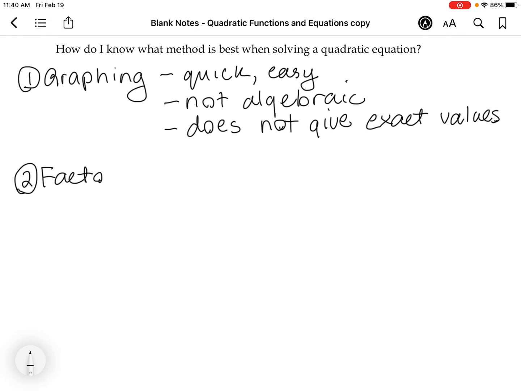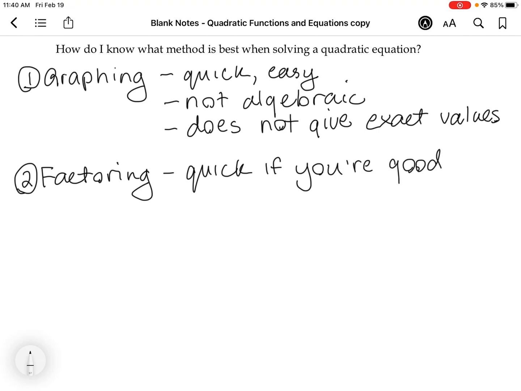Second one was factoring. Okay, now if you're good at factoring, this is really fast. And my guess is that, you know, the more math courses you take, the more you will rely on this method because you will do a lot of factoring to get good at it. Okay, so this is quick if you're good at factoring. Okay, it's algebraic.